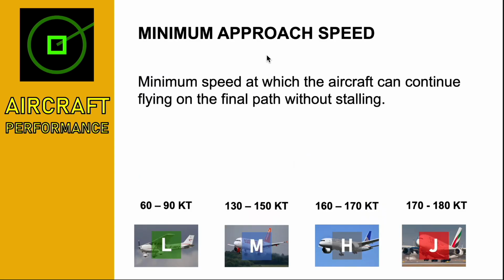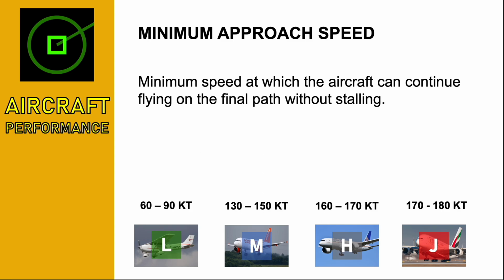And as I was talking about the minimum approach speed, it is the minimum speed at which the aircraft can continue flying on the final path without stalling. So from the pilot's perspective, it's in their interest to fly as slow as possible when they're in the final path, because then they will have a smoother landing, and also they have more control over the airplane.